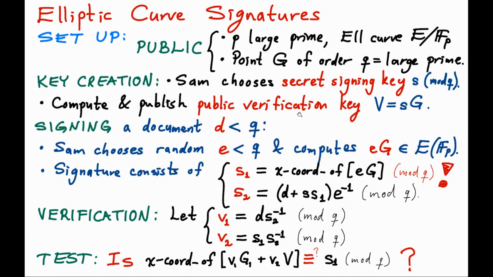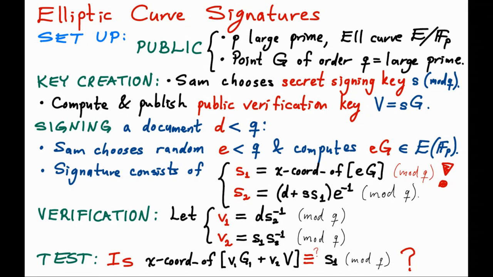Now, the documents that you're going to sign are less than Q. So the signature here is you're actually signing an integer less than Q. So that's the document D. So you're genuinely signing integers.